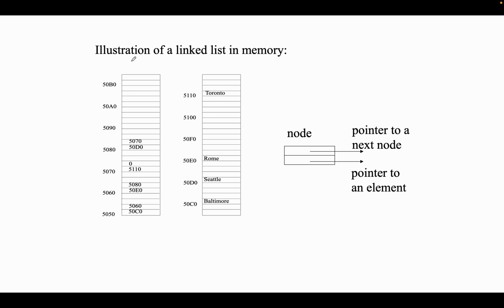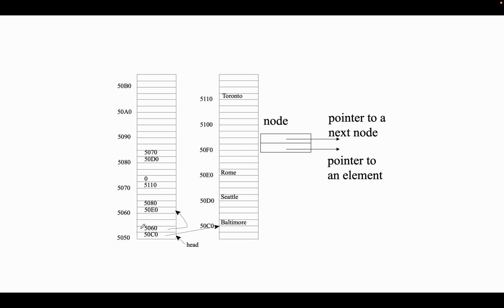This one is also showing the linked list in memory. The upper one is the pointer to the next node and the pointer to the element. If we start from this one, the upper one is the pointer to the next node, which means the next node is this node, right? And the value of this one is B. Then the next node is this one, 5060, and the value of this one is 50E0, so it's R, right?